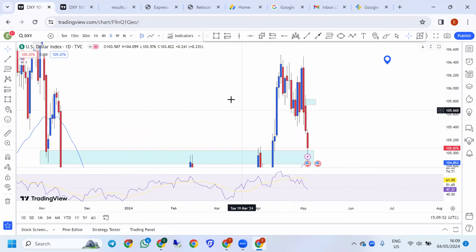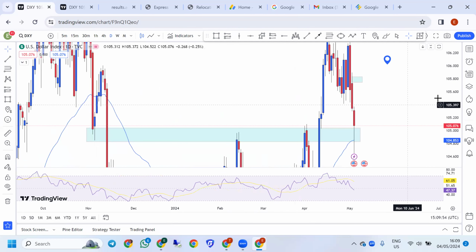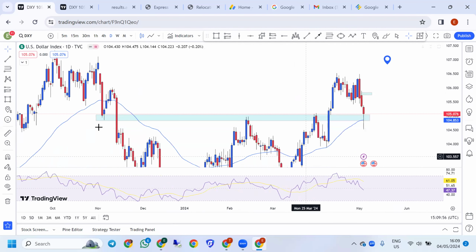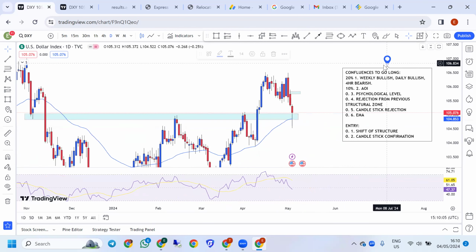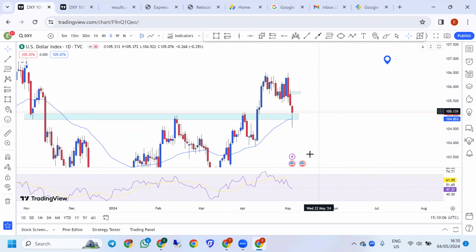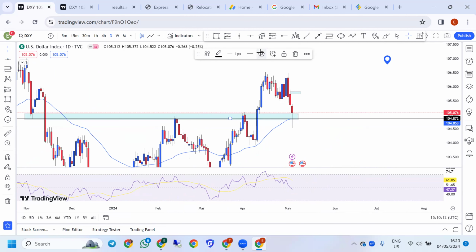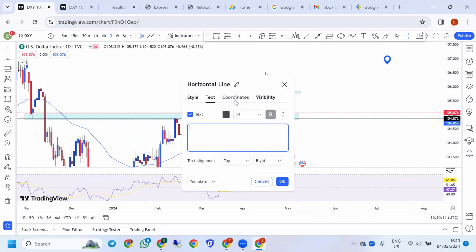That's our area of interest because we had our 1, 2, 3 zones. The market is there already. Then the psychological level: we throw in a line and check on the 1,000.